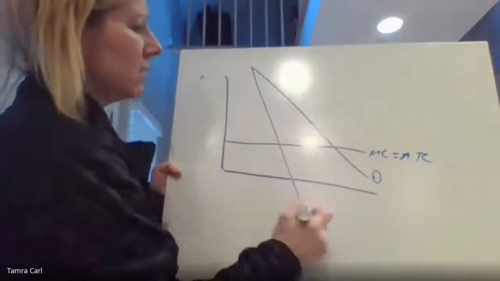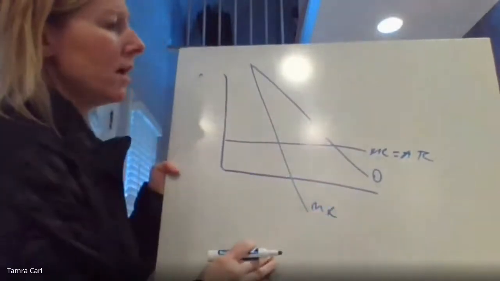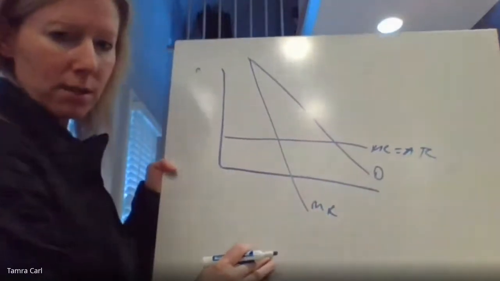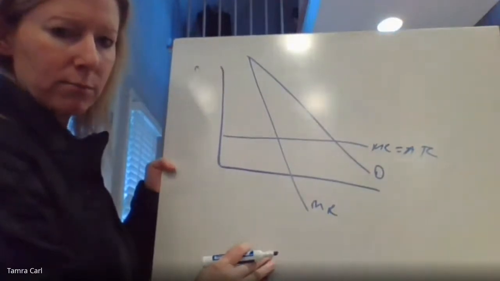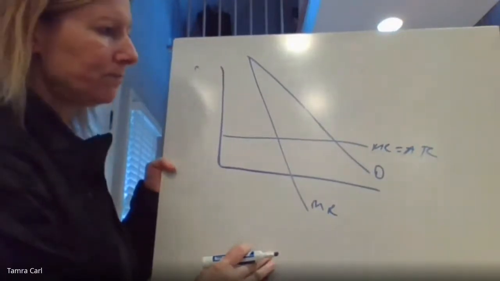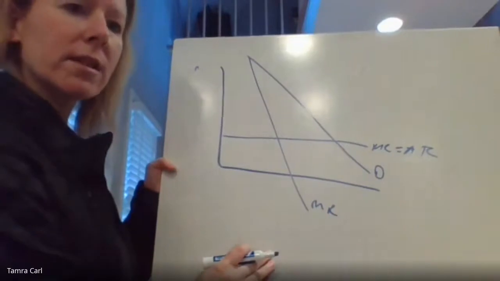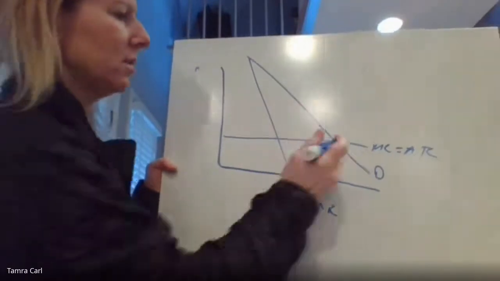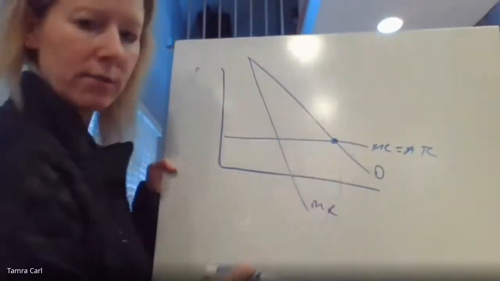And this was the demand and the marginal revenue. And they said that they were producing at productive efficiency, which was also their break-even point.